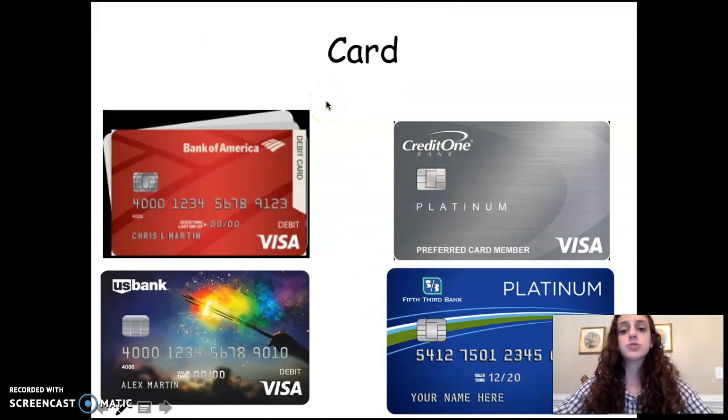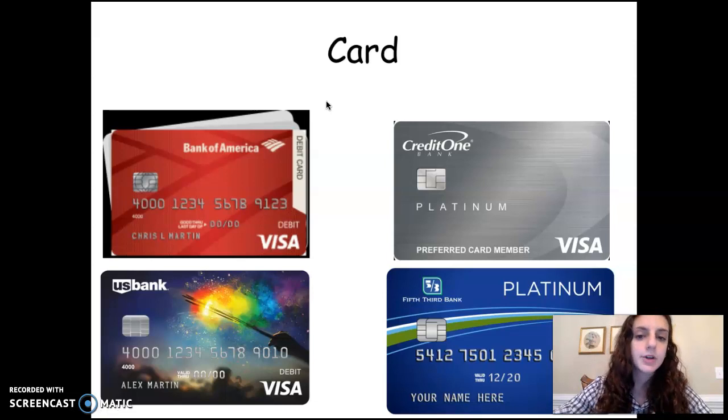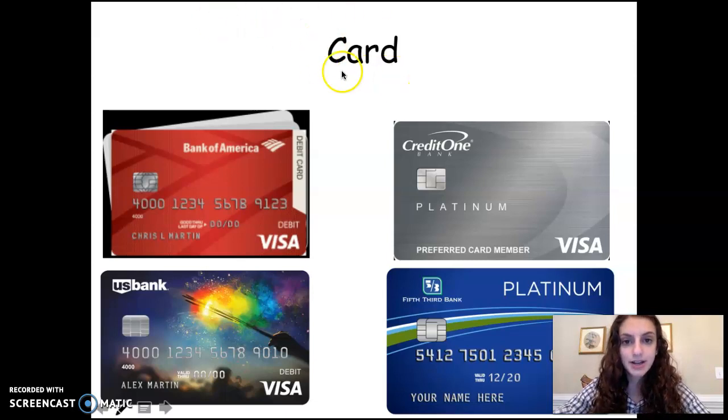Now I am going to talk about another way to pay for things in the United States. You can use a card. Here we see two different kinds of cards, a debit card and a credit card. A debit card and a credit card both require a bank account in order to use them.